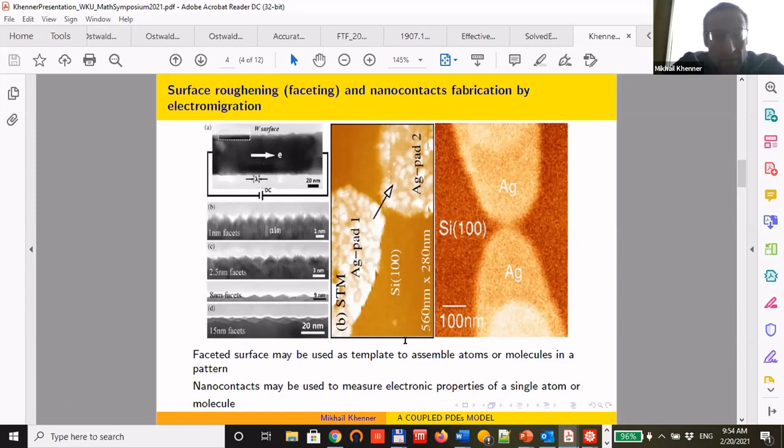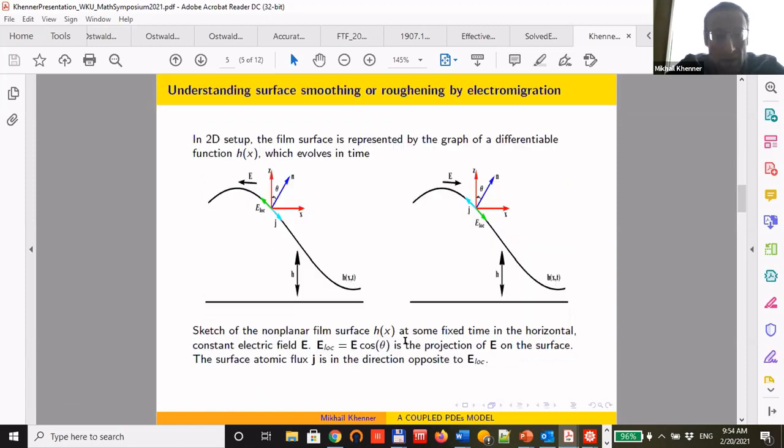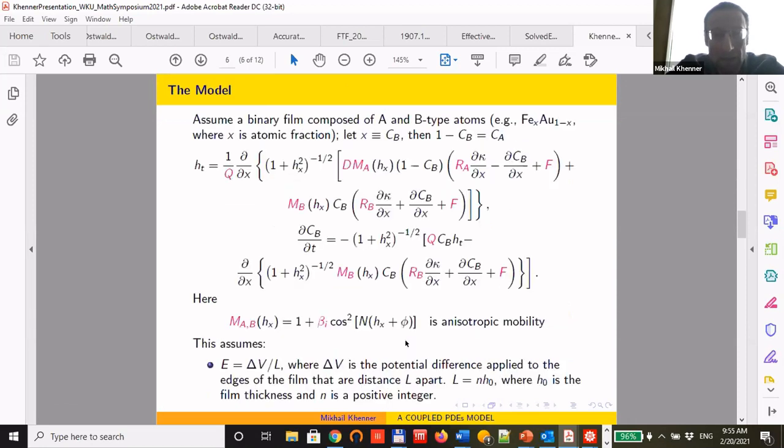And so we formulated the model for the formation of this hill and valley structure for the bicomponent film, which is for a metallic alloy. For instance, a very common alloy is iron gold alloy. Let's say Ca is the composition, the concentration of gold atoms per unit area, and Cb is the concentration of iron atoms per unit area.